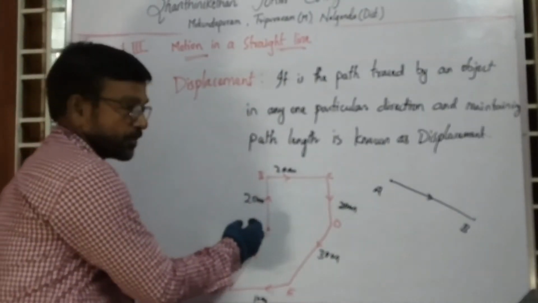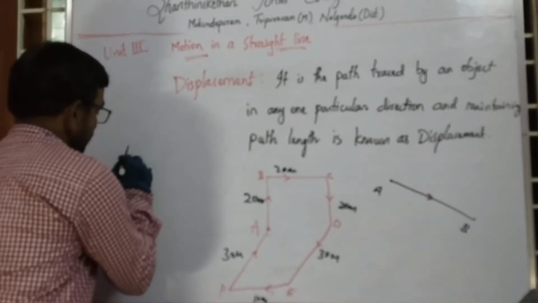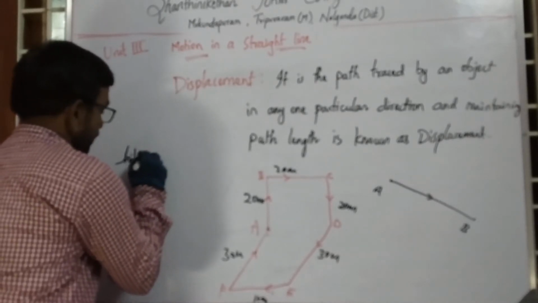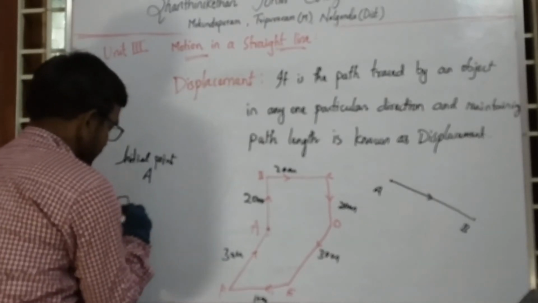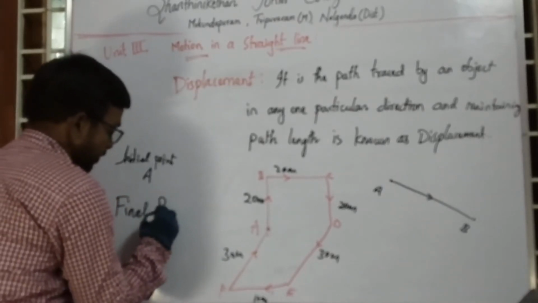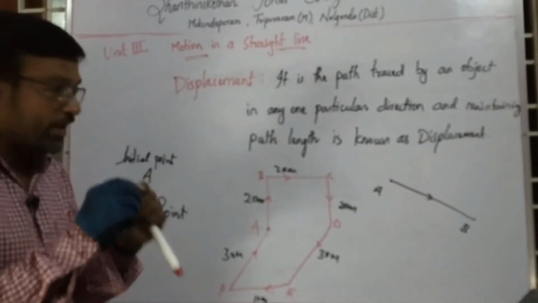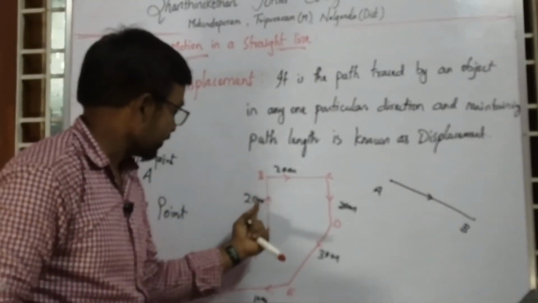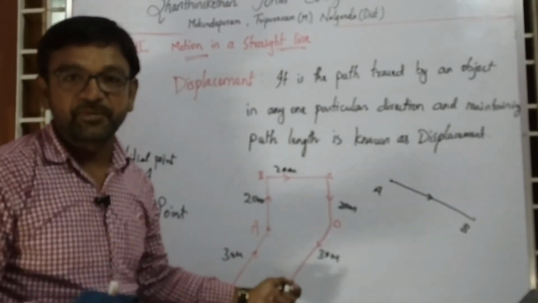Here, what is the initial point? Initial point is A. And what is the final point? Final point is also A. It is going like this, going once again, reaching the same initial point.